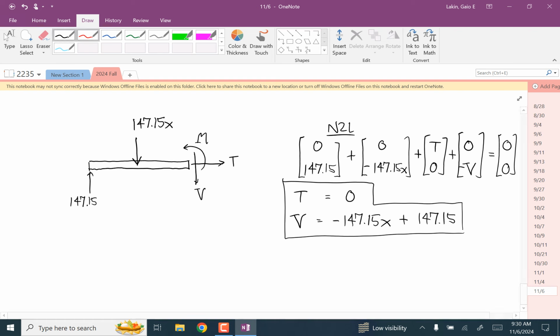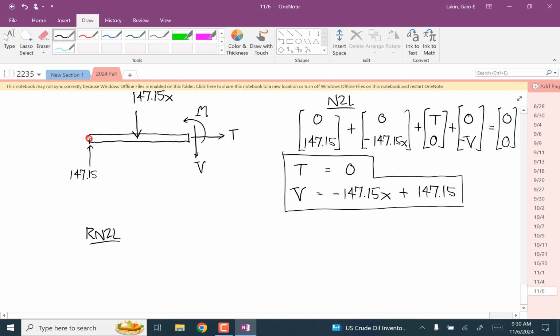And then we'll go to the moment equation, and always on these internal loads, it's not that you have to, but it makes the math a little simpler, and really you just want to do it the same way every time so you don't make dumb mistakes. Our about point is going to be over here on the left, always on the cuts. Okay, so now we're going to do the moment equation. That upward force of 147.15 doesn't produce a moment. Does that 147.15x make it rotate clockwise or counterclockwise around that point? Clockwise.